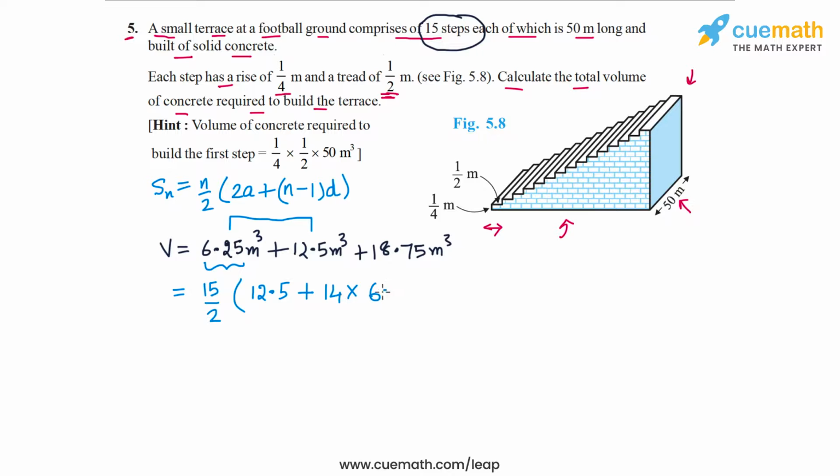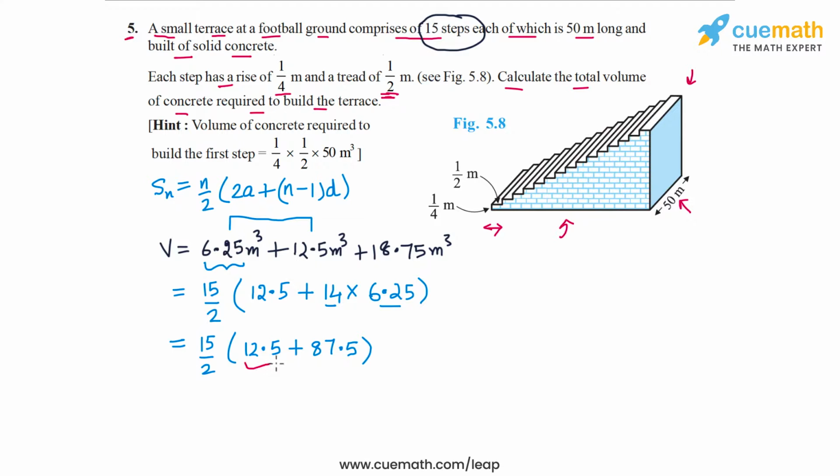So we get 15 by 2 into 12.5 plus 14 into 6.25, which is 87.5. So this is what we get.